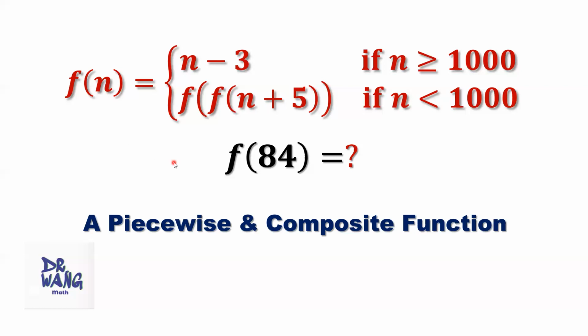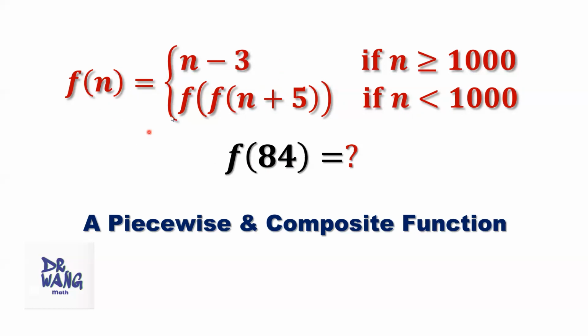We want to find the function value of f at point 84. 84 is a number less than 1000. If we use this second formula, we don't know the value of the inside part. We cannot use the first one.